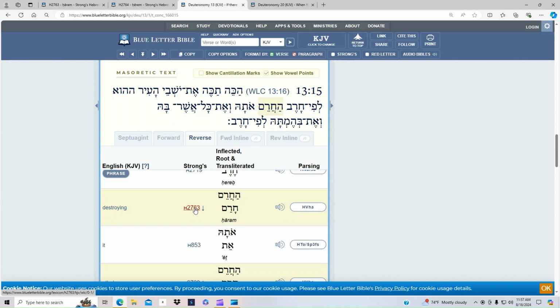So this might be disturbing to some people that the texts say things like this, like all things that have breath should die, or the personal property should go up in smoke. But we need to realize what the Bible is talking about.